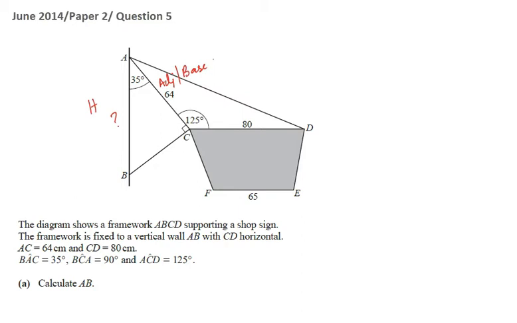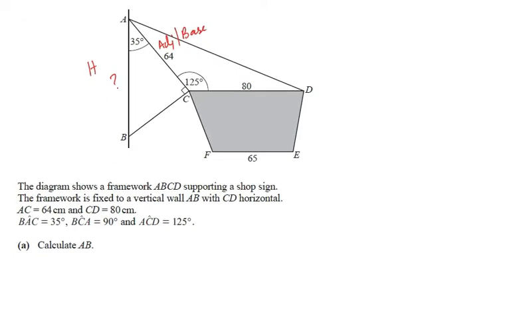So base upon hypotenuse or adjacent upon hypotenuse is equal to cos theta. So if we apply cos theta here, cos 35 degree is equal to adjacent, which is 64, upon hypotenuse, which is AB.